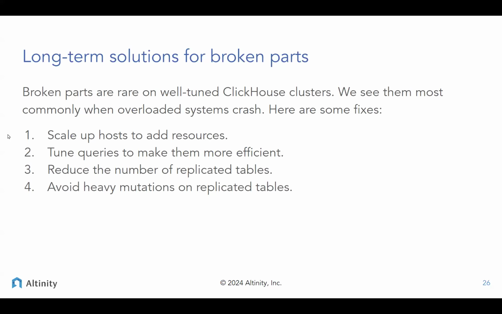There are going to be differences between hosts if things crash and restart, and changing data can create conditions where ClickHouse will either write things incorrectly or get caught in the middle of a write and cause the parts to become inconsistent, and that just leads to problems. So these are all things that you can do long term, which will help make your system more efficient. So that's it for broken parts.